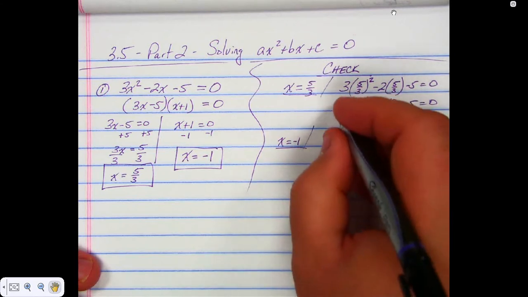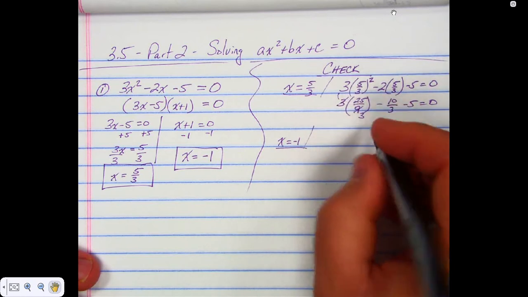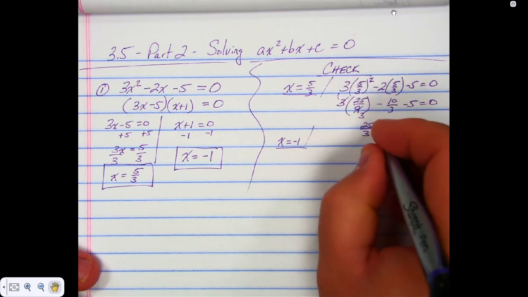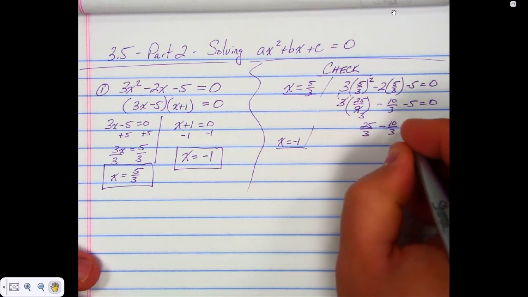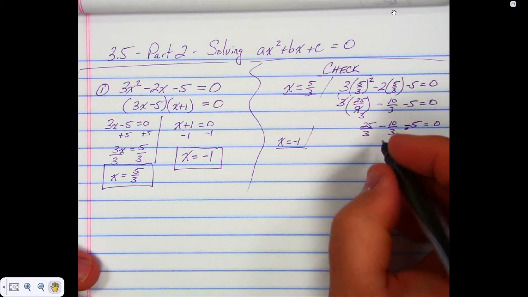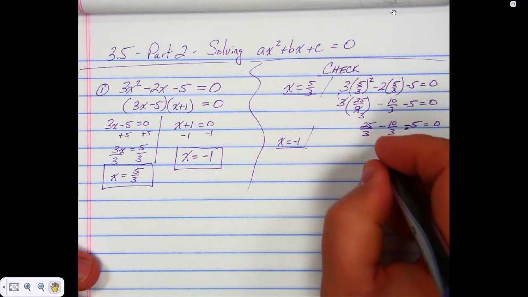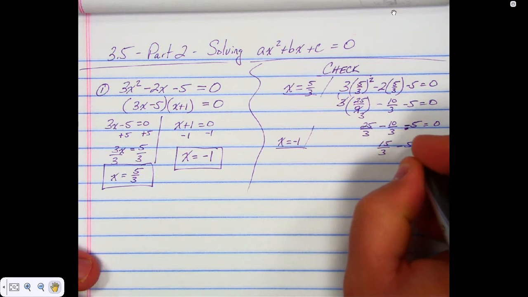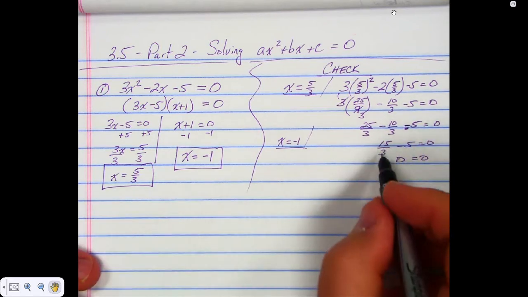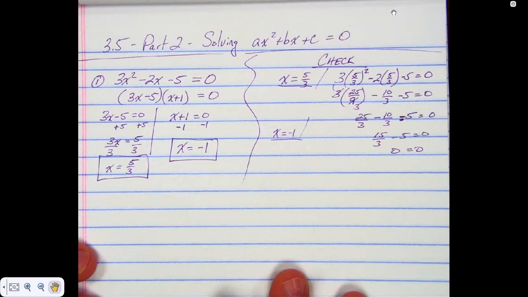Cancel out before you multiply, and you get 25 over 3 minus 10 over 3 minus 5 is equal to 0. So you end up getting 15 over 3 minus 5 is equal to 0. What is 15 divided by 3? 5 minus 5? 0. You get 0 equal to 0.